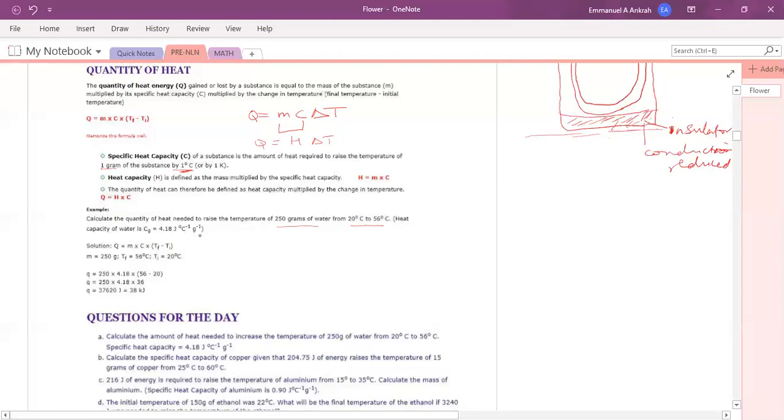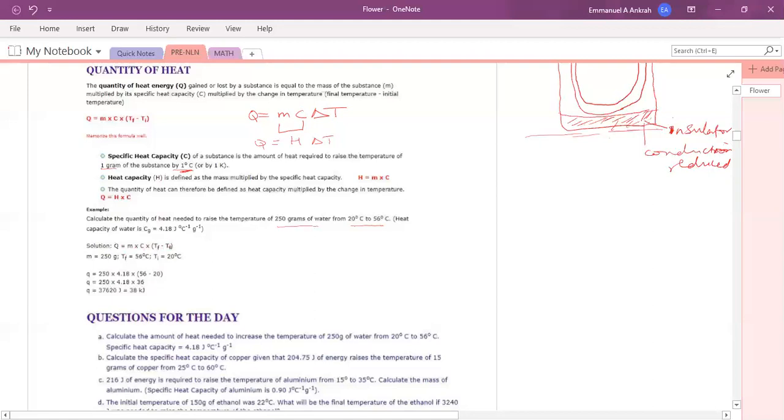This time we're talking about joules, another unit for energy. So to do this, we use the formula: quantity of heat equals the mass times the specific heat capacity times the change in temperature.